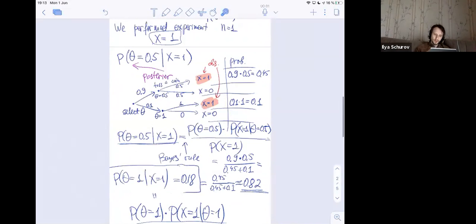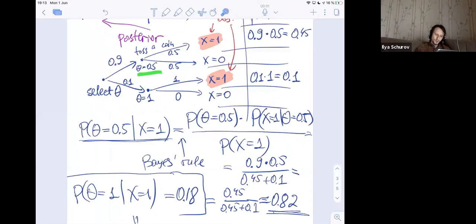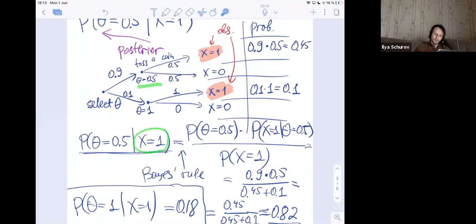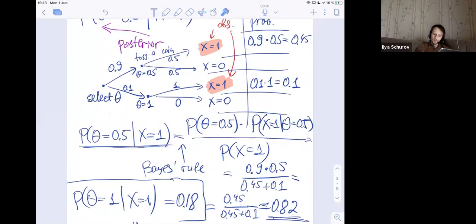Let us look at this example once more. You see that initially we have a probability 0.9 that our coin is fair. After we saw this value x that equals 1, we updated our belief, and now our belief is 0.82. So we see that this result provided some evidence in favor of this value of theta.